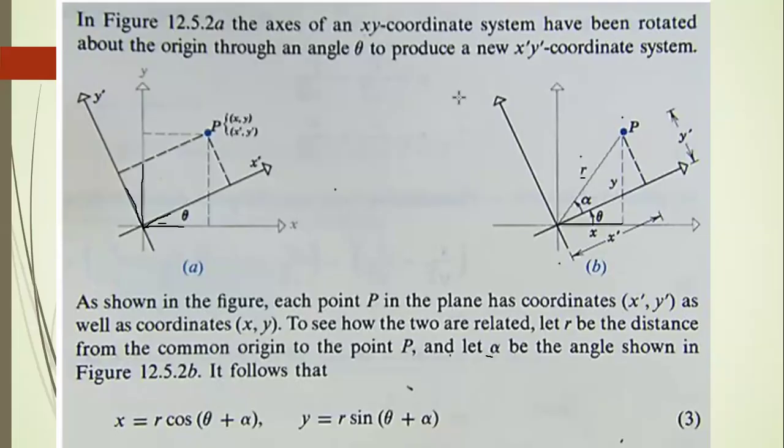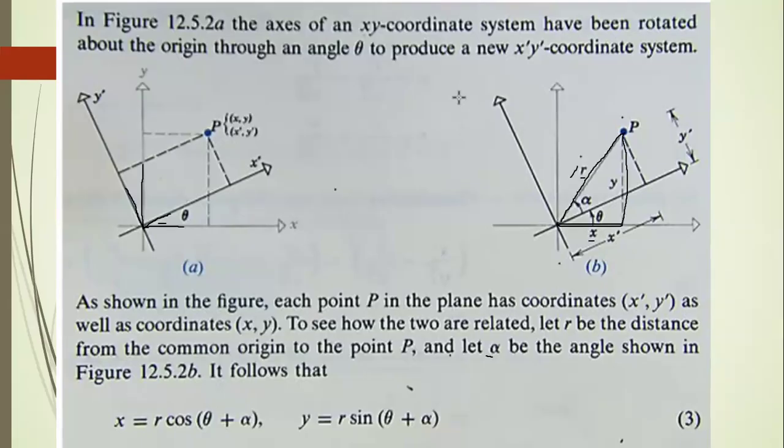So considering this triangle, we have our hypotenuse being r, x would be the adjacent, and then we have our angles, alpha and theta.